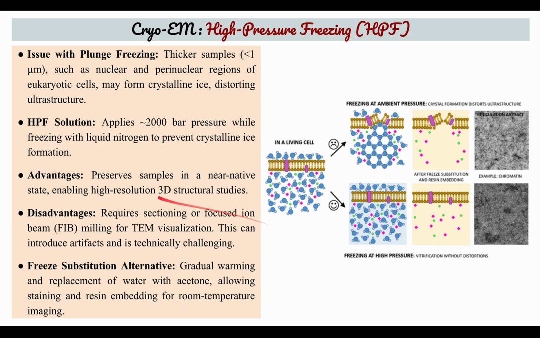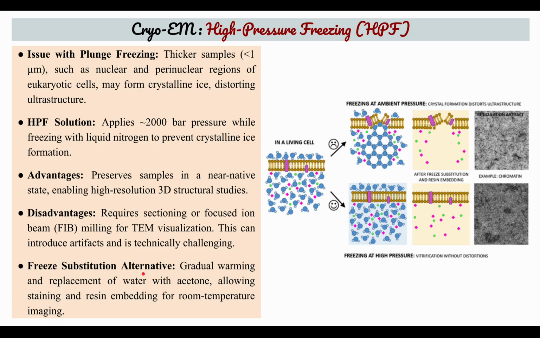So this is the example. The advantage of high pressure freezing is that it preserves the sample in a near native state, which enables higher resolution three-dimensional structural studies. But the disadvantage is that it requires sectioning or focused ion beam milling for TEM visualization. This can also introduce some artifacts, and it is technically challenging to maintain these conditions.